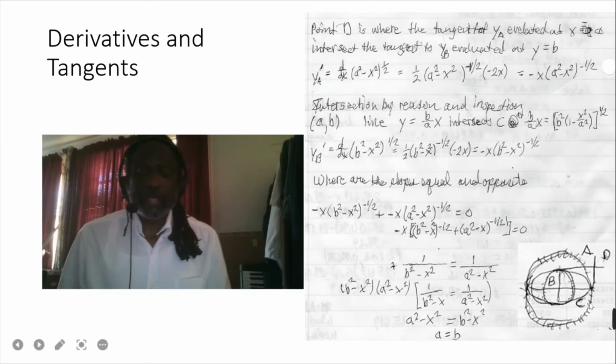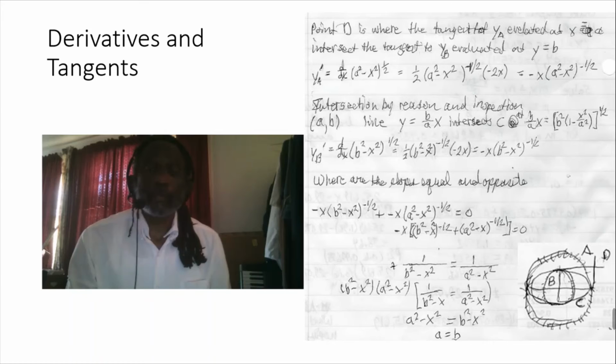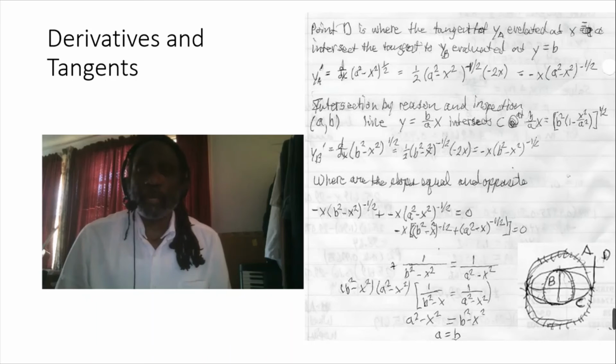And then the next thing I did, and I kind of developed this right here in the notebook, was to find a tangent line of the major circle y sub a, evaluated at x equals a, and the tangent line to the minor circle y sub b evaluated at y equals b.